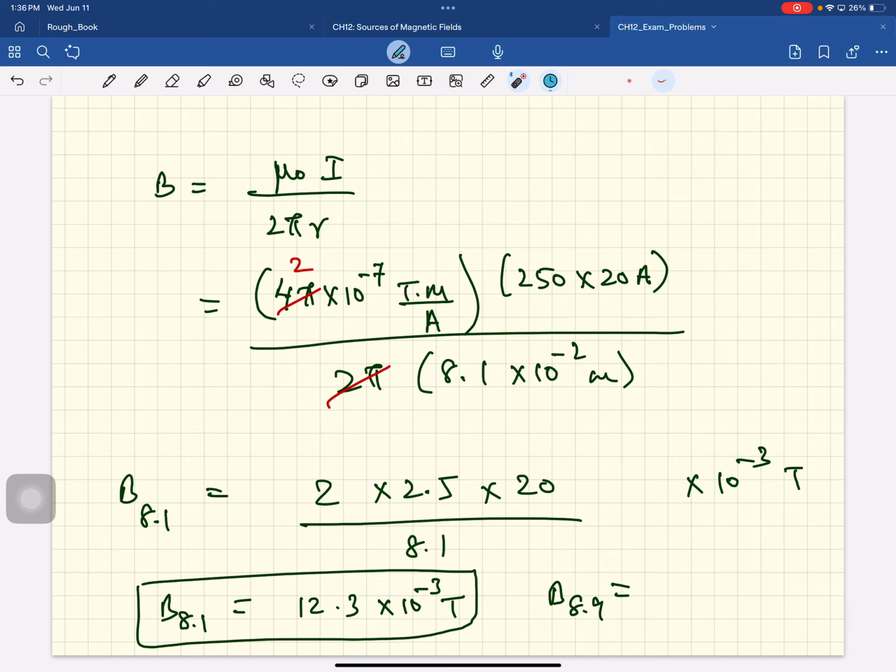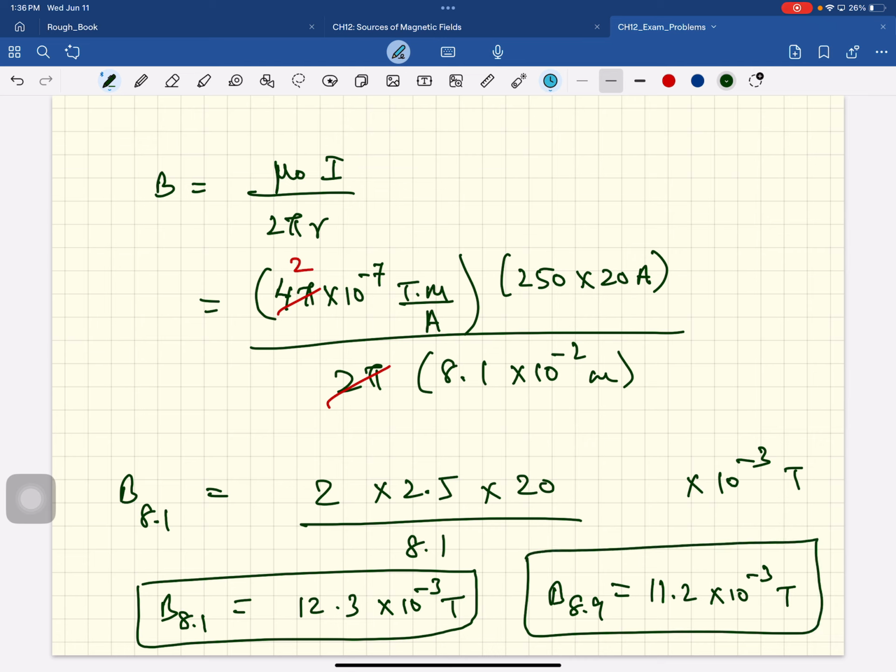So it's 11 point. Okay, so you see the field is changing about 10% from the inside to the outside. All right, guys.